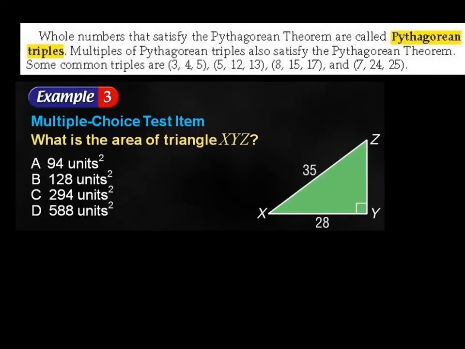Now, if you listen to John Baylor, he will tell you that ACT's favorite triple is 3, 4, 5, which is handy on this problem because I can see that 7 times 5 is 35, 7 times 4 is 28, so 7 times 3 must be 21, and I don't even have to do the Pythagorean theorem.